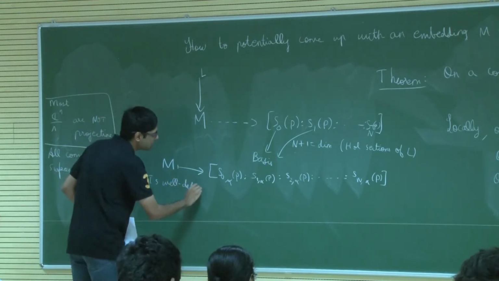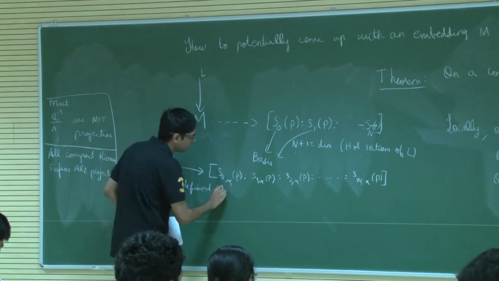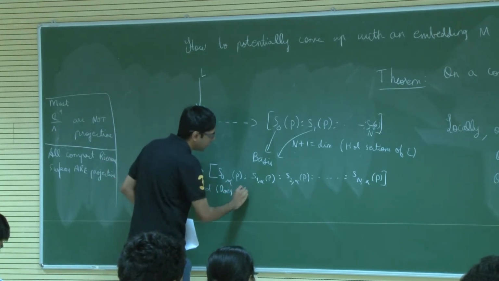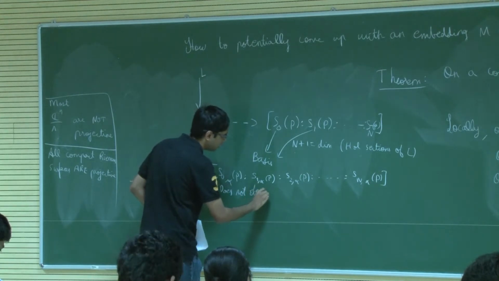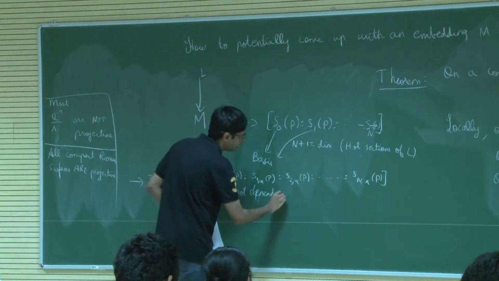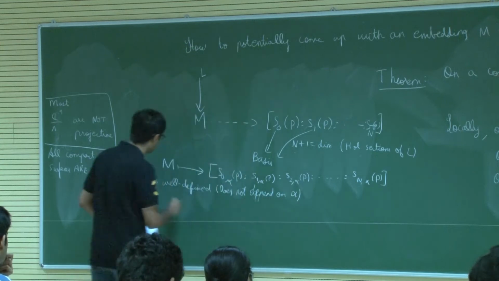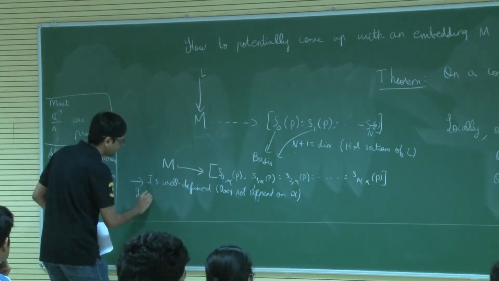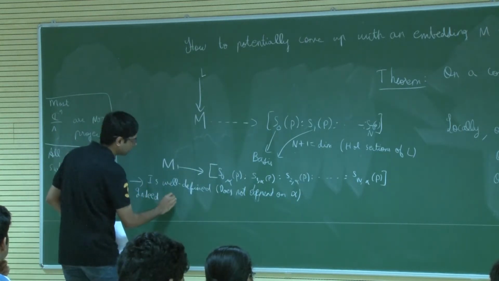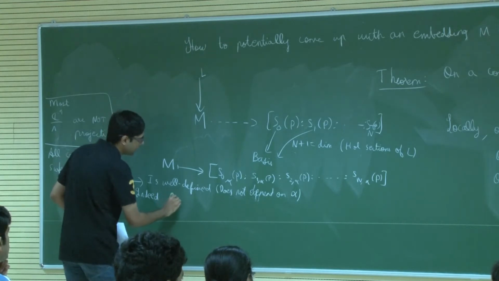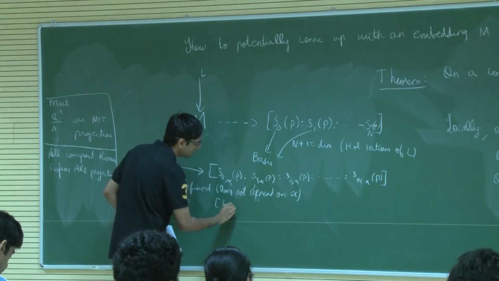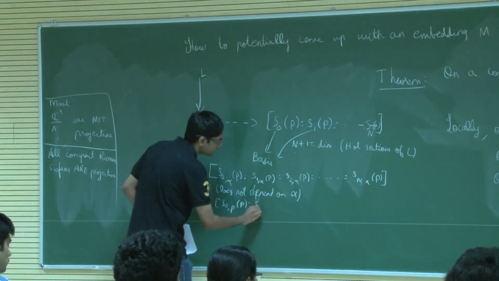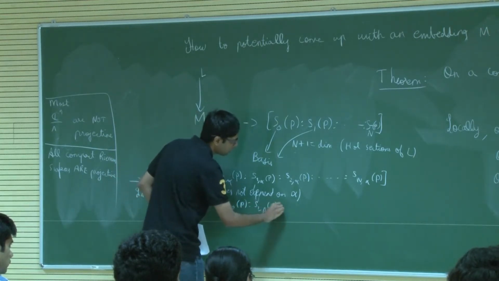What that means is it does not depend on the trivialization, does not depend on alpha. Indeed, if we choose beta on U beta, this would have been S0 beta of P, S1 beta of P, and so on.